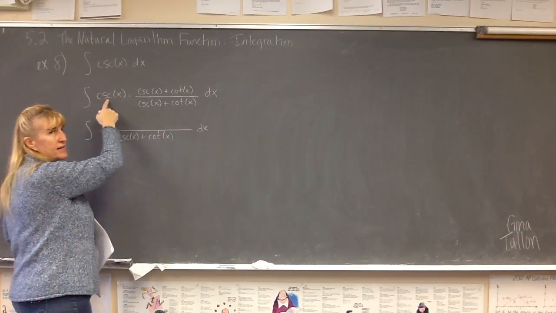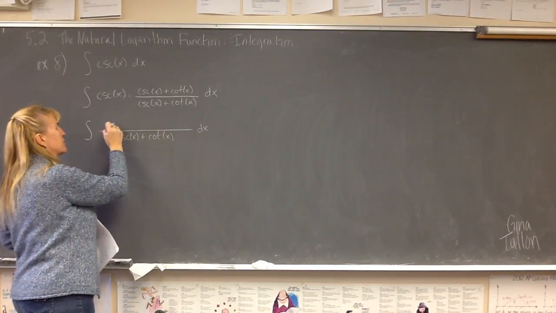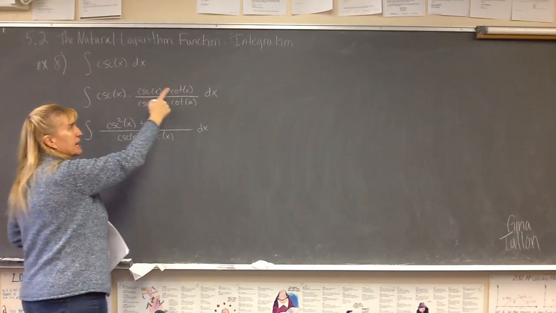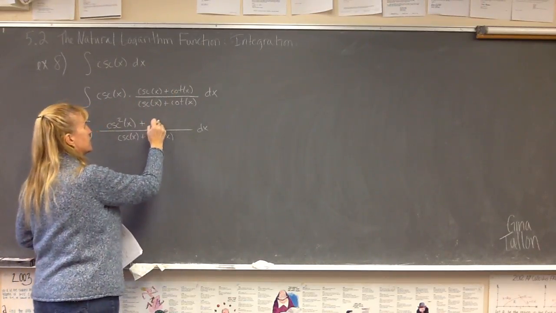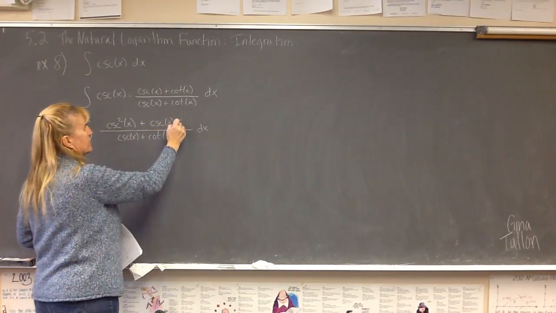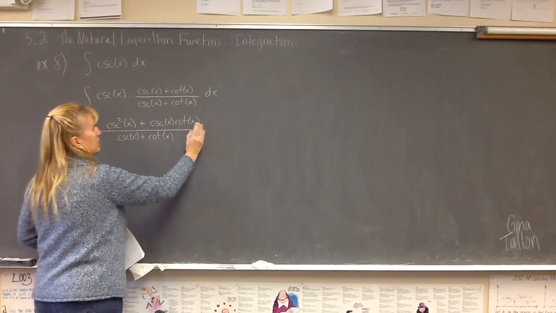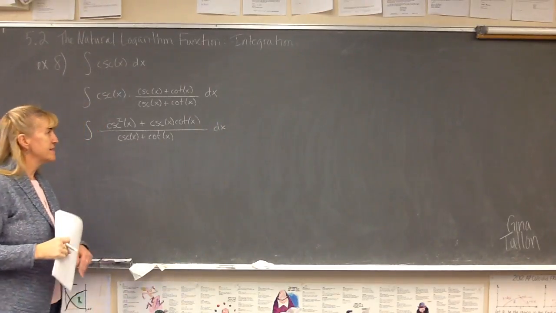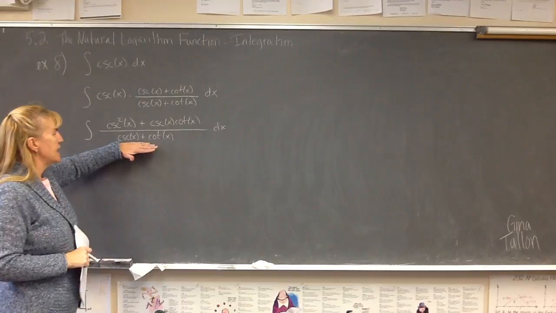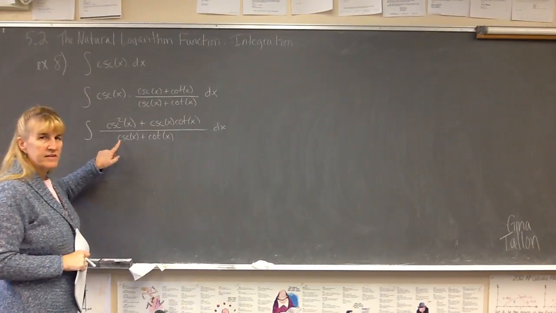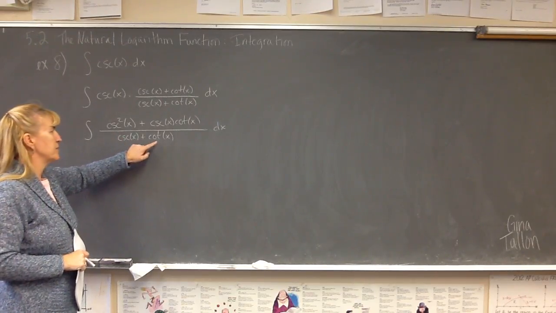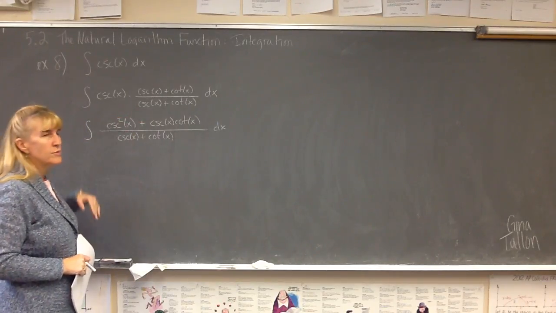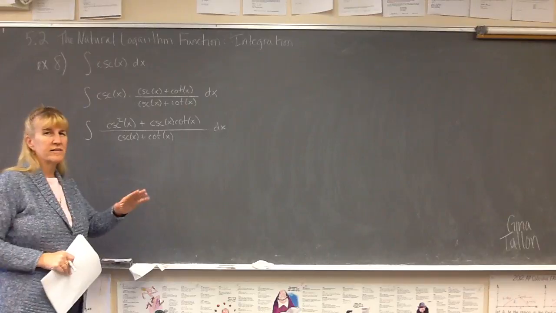When I multiply cosecant x times cosecant x, I get cosecant squared x. And when I multiply cosecant x by cotangent x, I get cosecant x cotangent x. At this point, you should be able to recognize that if you let your u be this denominator, cosecant x plus cotangent of x, its derivative is sitting up on the numerator here, but we're off by a constant multiple.